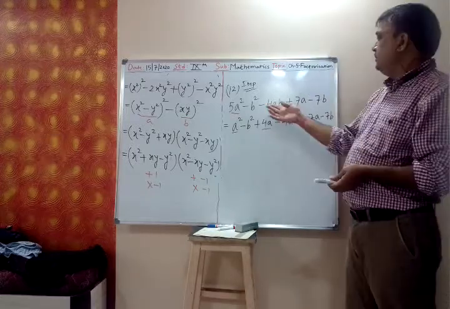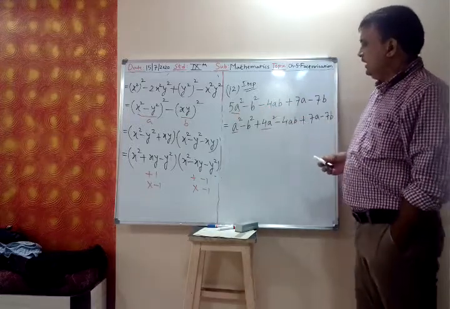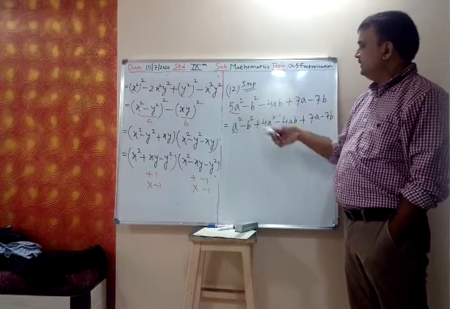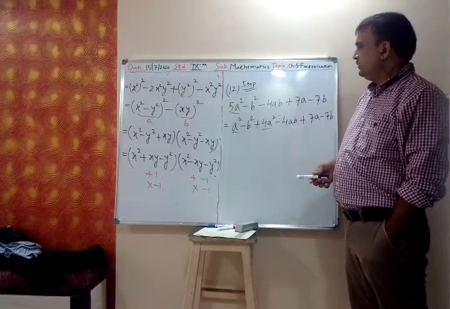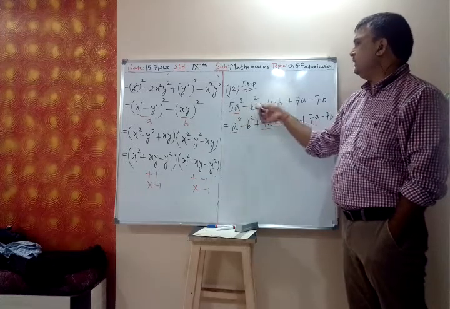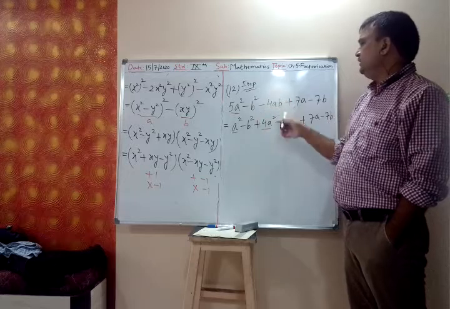You can split by taking 5a square minus 4ab minus b square and apply the quadratic. You will get the same answer.